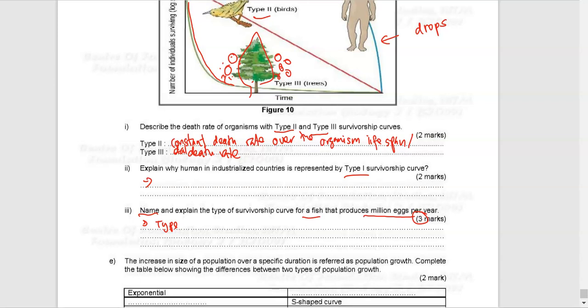Okay, so type 3, and then the explanation is extensive early mortality. Okay, curve drops sharply at start, or the young experience low survivorship.